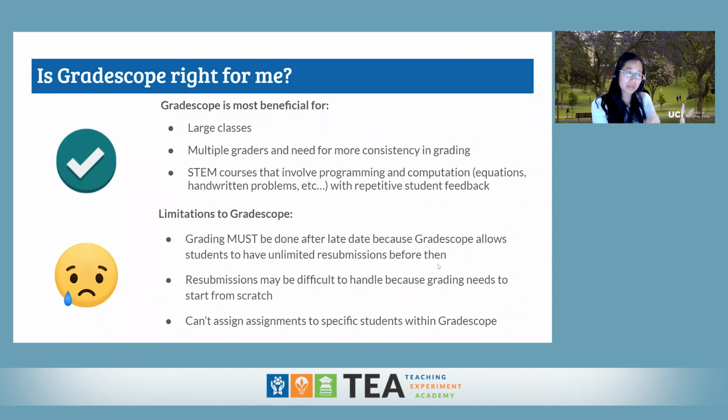It's not that there isn't a history of that grading, but some faculty have said that this is one reason why they chose not to use Gradescope, because once students resubmit, their grading rubric gets wiped out and you have to match it back up to the one that you've already graded. And finally, this is a big limitation: you cannot assign assignments to specific students within Gradescope. I hope that they change that, but that's another thing you have to be aware of.